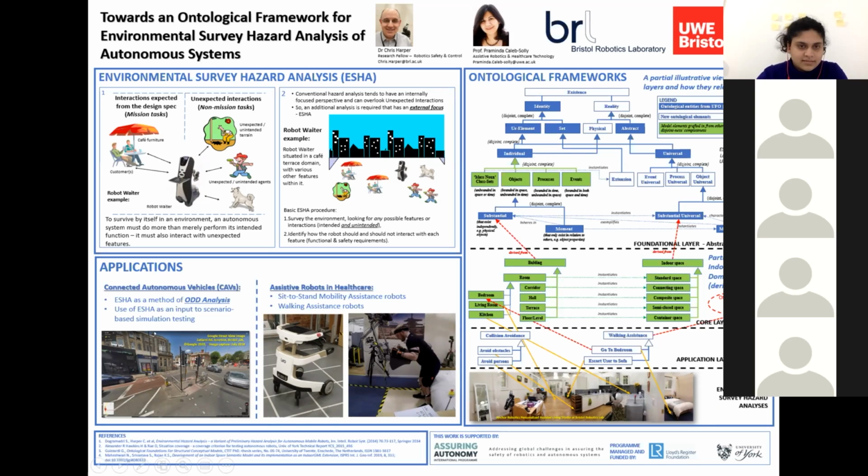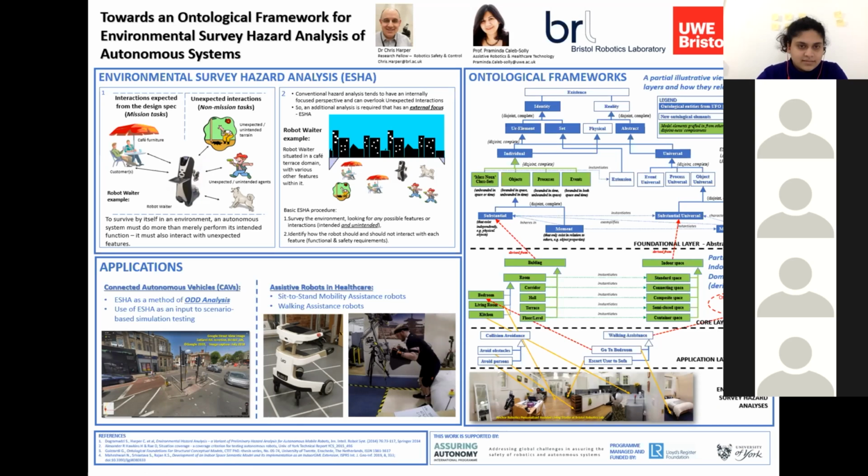On the bottom end of the right-hand panel, the information model should link to analysis of an environmental scene, and hopefully improve our confidence and assurance that we have as complete a safety analysis as we can reasonably achieve. We're looking at applications, particularly in driverless vehicles and assistive robots in healthcare, which is the project that supported this work at the present time.